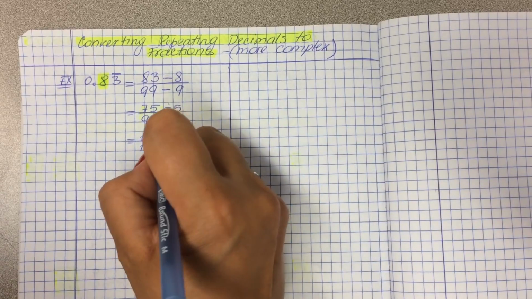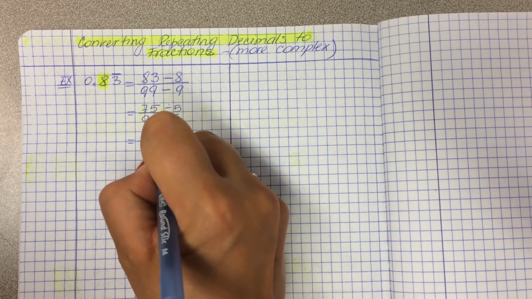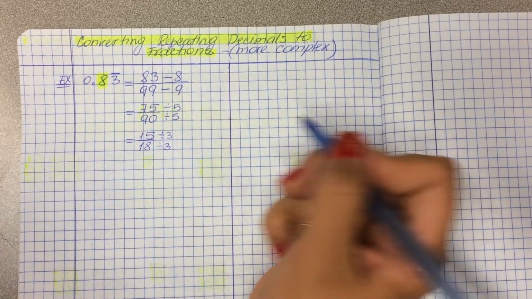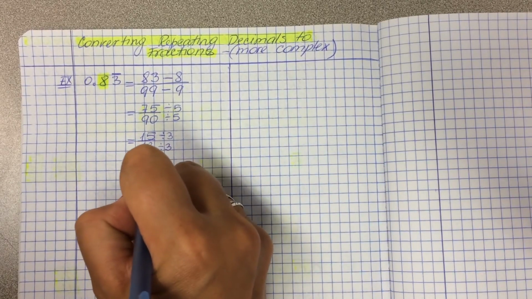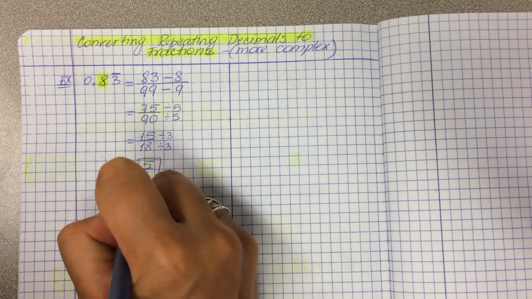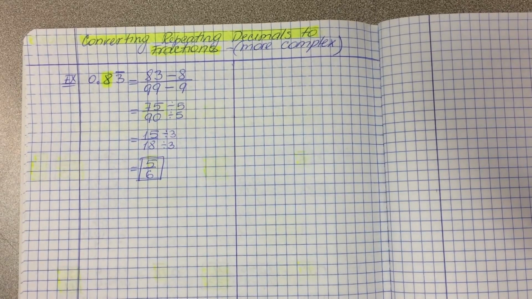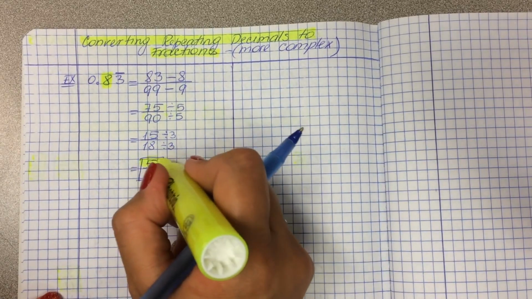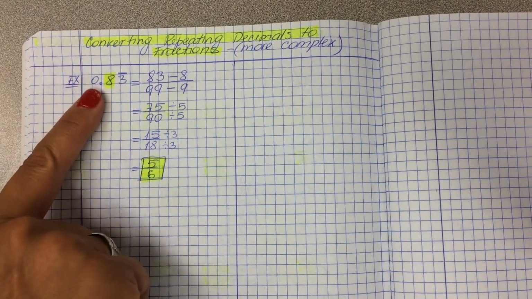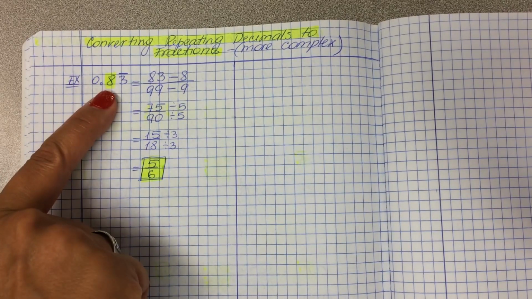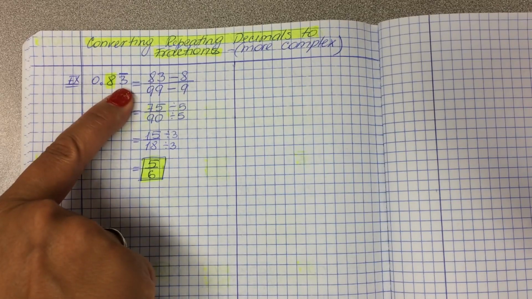And then we can divide by 3, and that would be 5/6. So the fraction 5/6 in simplest form should be my decimal 0.8 not repeating and 3 repeating from there.